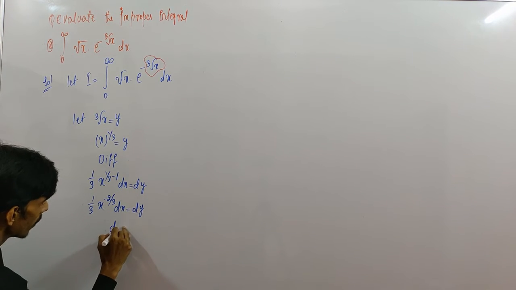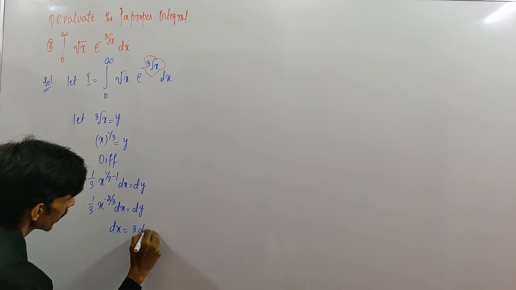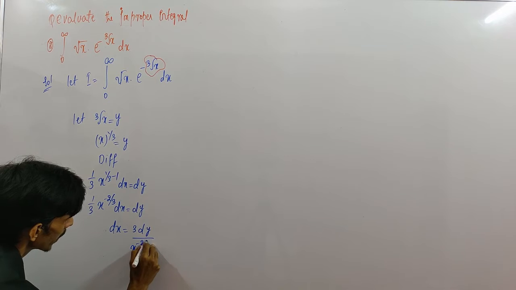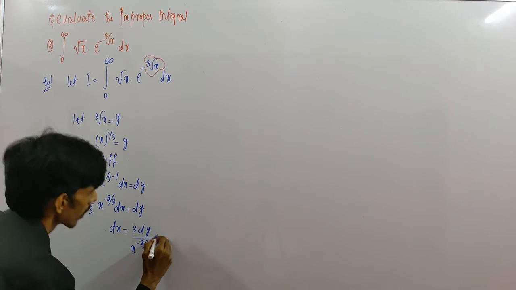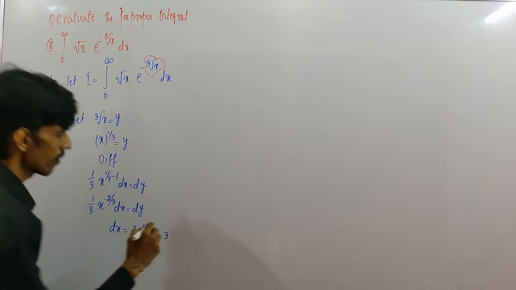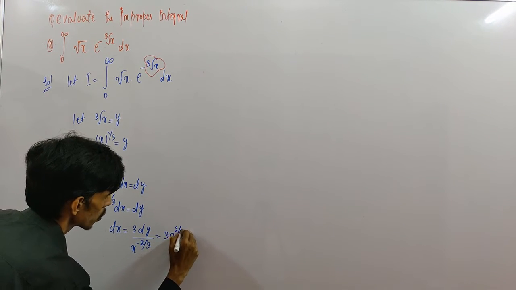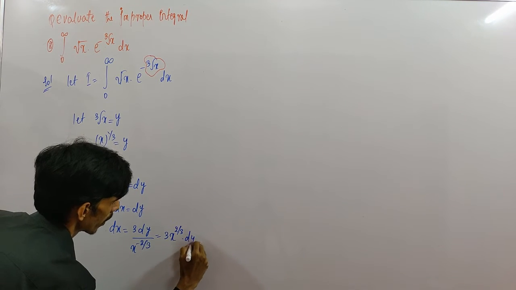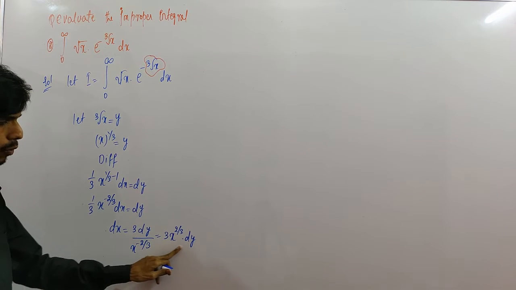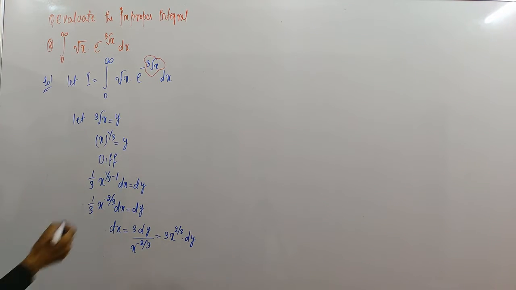Now dx is equal to, cross multiply, 3 dy divided by x power of minus 2 by 3, that is, if we take this x to the numerator, 3 x power of positive 2 by 3 dy. This is the value of dx. We want dx in terms of y. We do not want this x here, so replace this x.